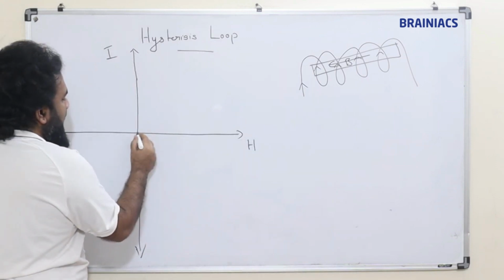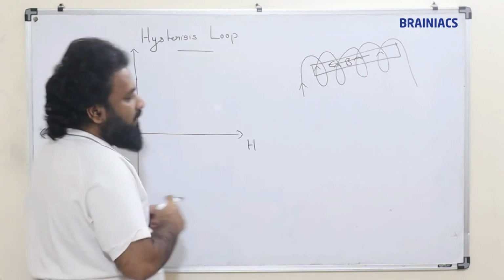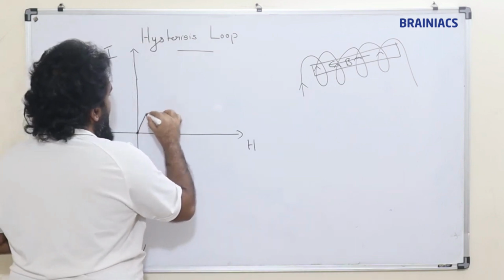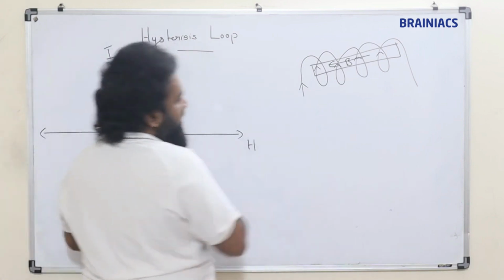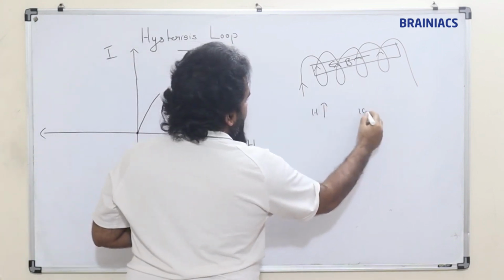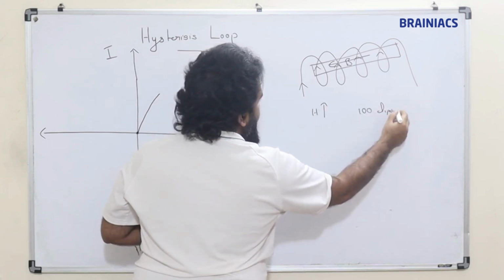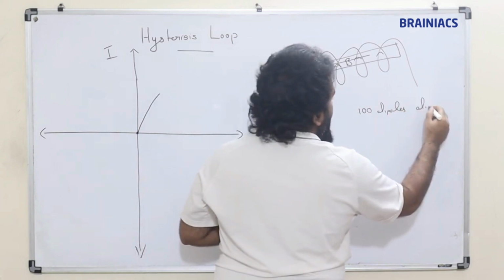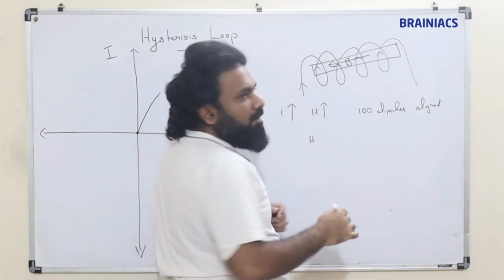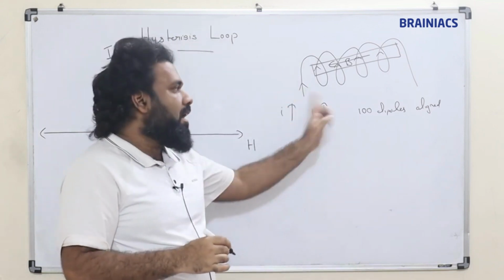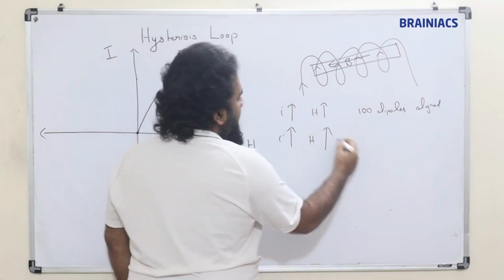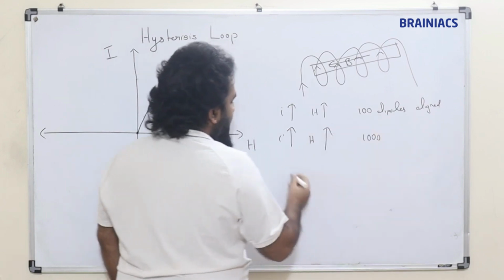Suppose initially the material doesn't have any magnetization, and we slowly increase the magnetizing field. When H is increased, maybe 100 dipoles are aligned. When we increase the current again, H increases further, and 1000 dipoles are aligned.